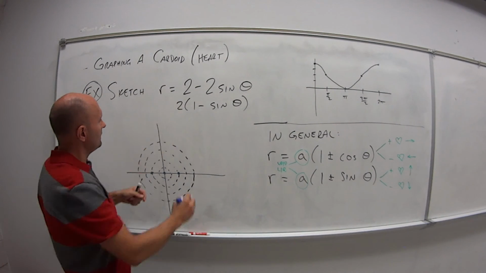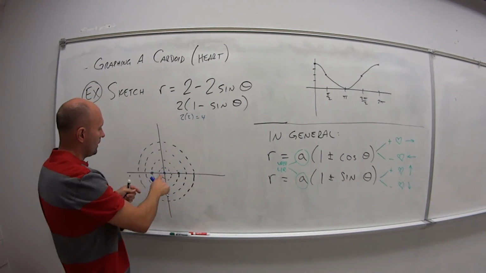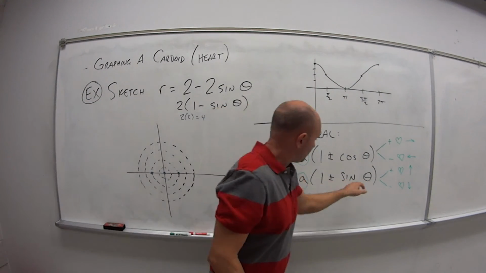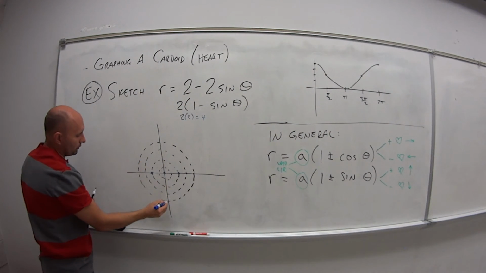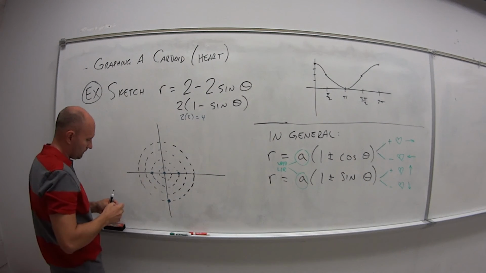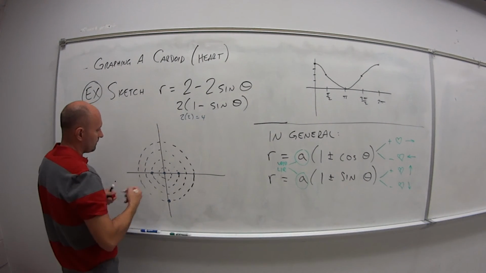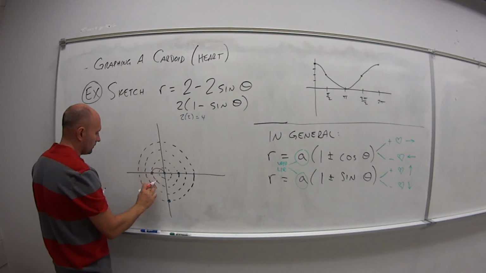And then lastly, if I do 2 times a, or 2 times 2, that's 4. Because it's a minus sign, the heart's pointing down, so I need to move 4 units downward. That's where the tip of the heart will be. That puts me there. Now, if I connect these dots, I know it has to be a heart.